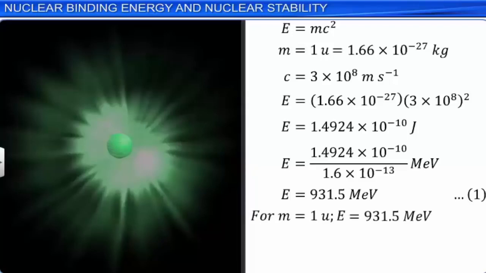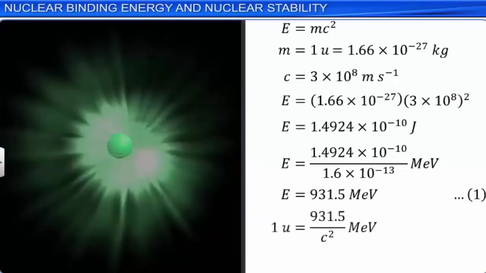For any mass m equal to delta m, the energy equivalent is given by E = delta m × 931.5 MeV. Therefore, we can say that 1 AMU mass is equal to 931.5 MeV by c². This is an enormous amount of energy release.